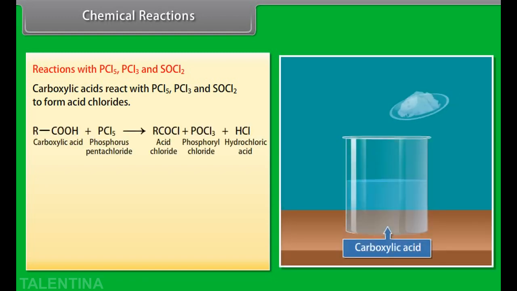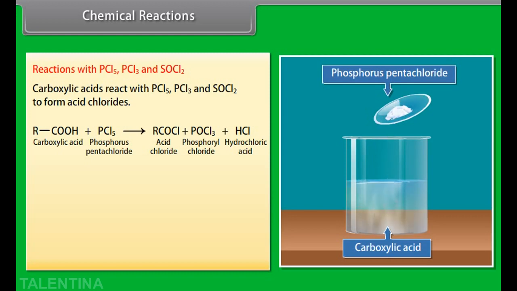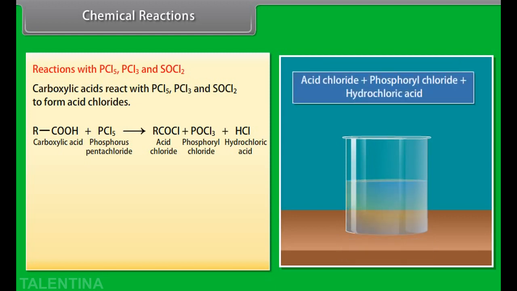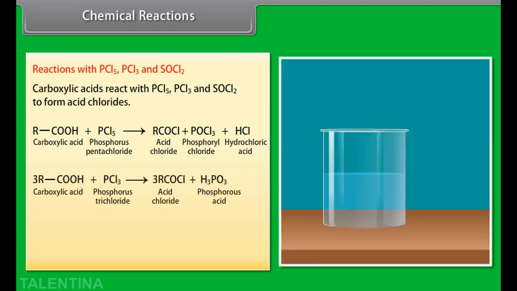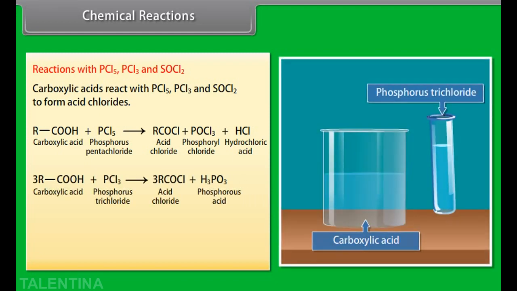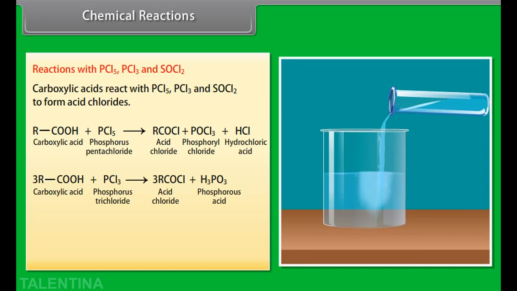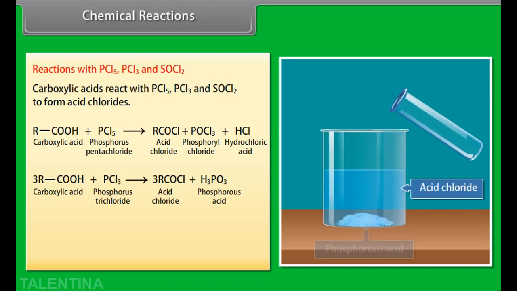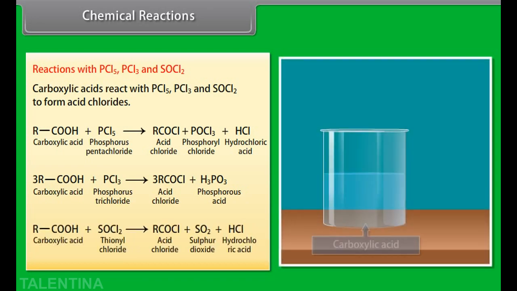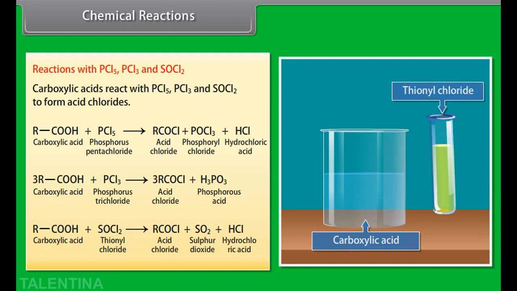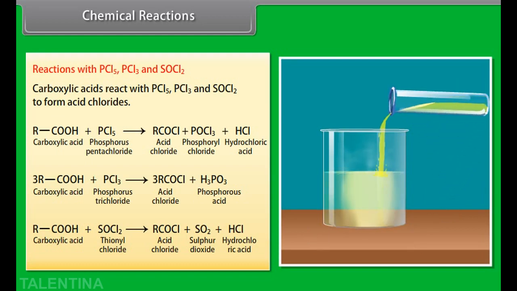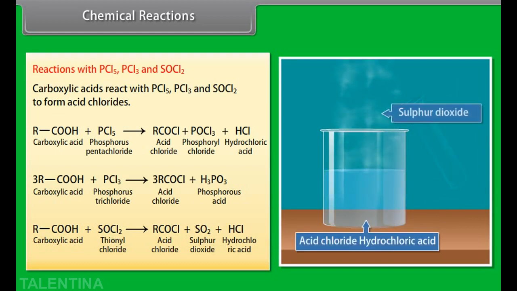Carboxylic acid reacts with phosphorus pentachloride to form acid chlorides, phosphoryl chloride and hydrochloric acid. Carboxylic acid reacts with phosphorus trichloride to form acid chlorides and phosphorous acid. Carboxylic acid reacts with thionyl chloride to form acid chlorides, sulfur dioxide and hydrochloric acid.